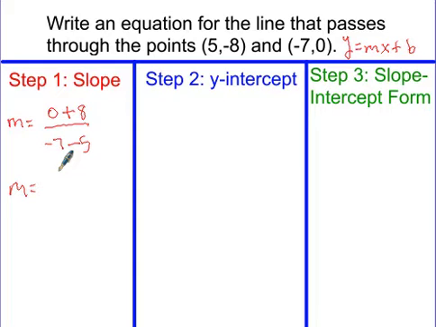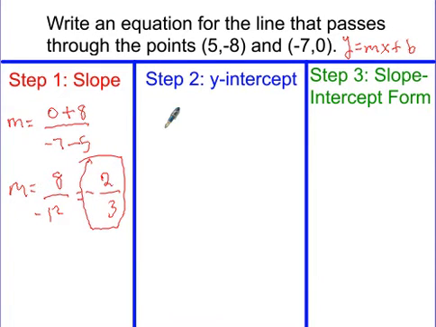Leave it as improper fractions. -7 minus 5, second. 2. So y equals 2 thirds times x plus b.